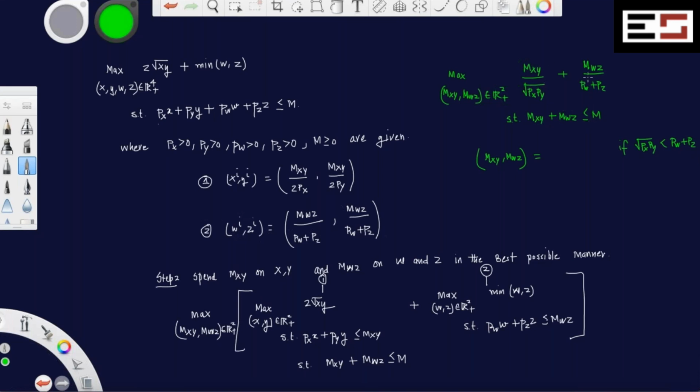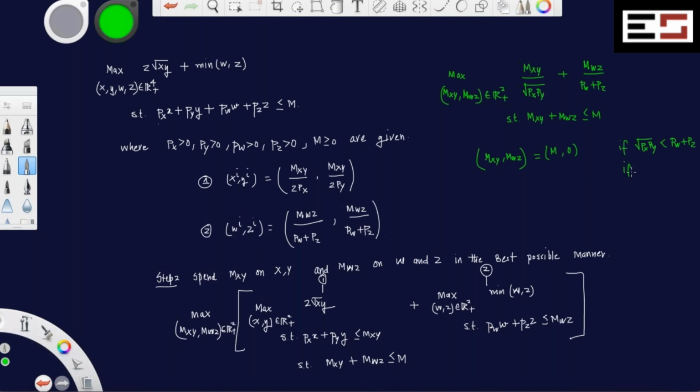In that case, because it's a linear objective, whichever coefficient is bigger, you will put the entire income there, right? So if root pxpy is less than pw plus pz, then this coefficient is bigger than this coefficient. The coefficient of mxy is bigger than the coefficient of mwz. So you're going to put your entire income on mxy. So it will be m comma 0. Okay, right?